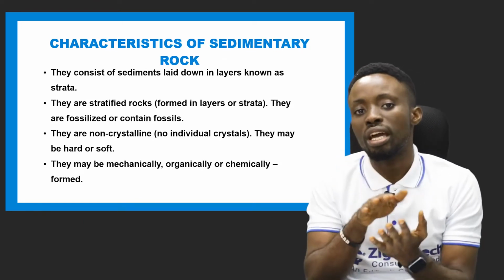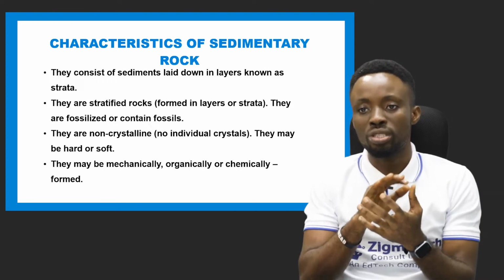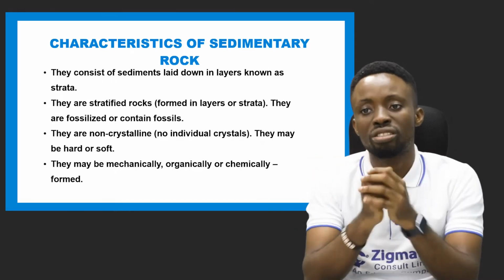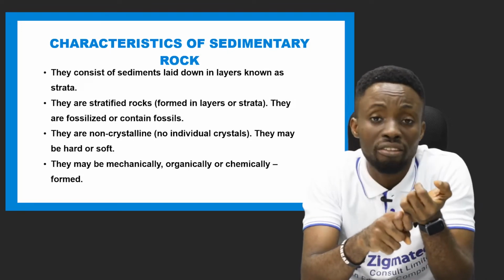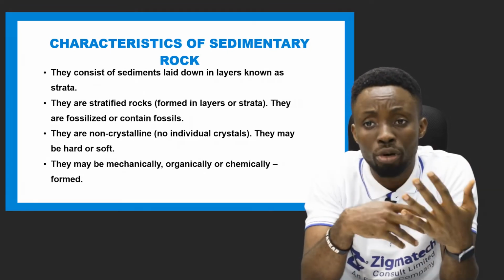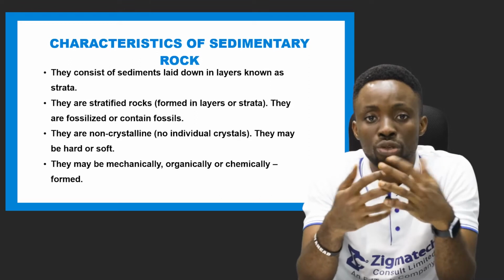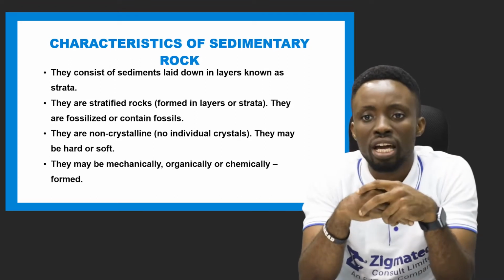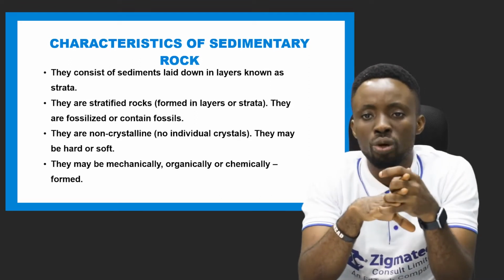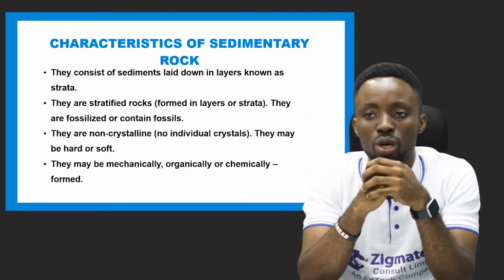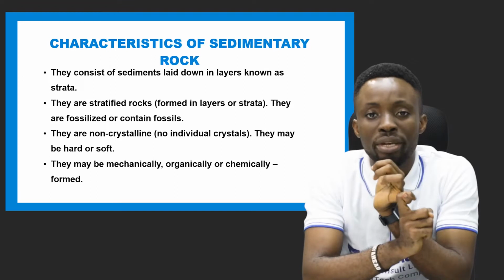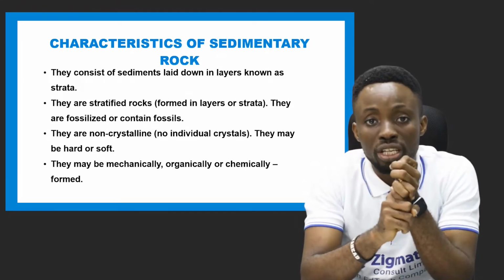And since they are in layers or strata, we can say that they are stratified. The next characteristic of sedimentary rocks is that some of them contain fossils. So sedimentary rocks are fossilized and they don't contain crystals when you compare them with the igneous rock. Sedimentary rock can be hard or soft. They don't contain crystals.